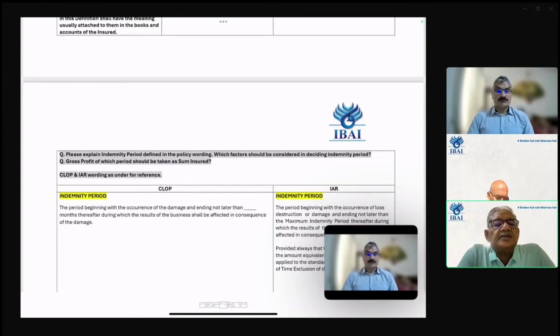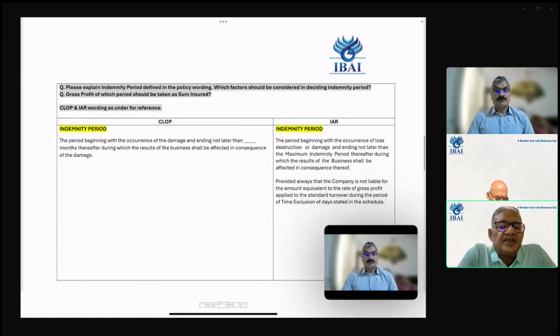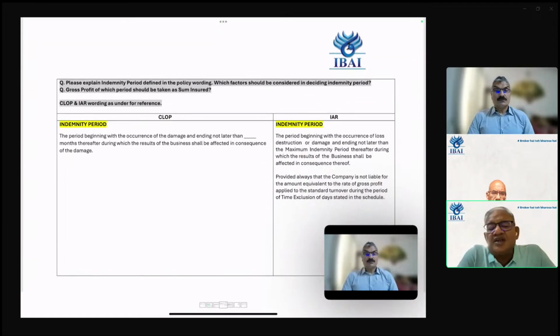Perfect. So we have understood turnover, output, gross profit, net profit, variable working expenses, and fixed cost or standing charges. Now we move further. There is another word called indemnity period. This is unique to BI policies only.